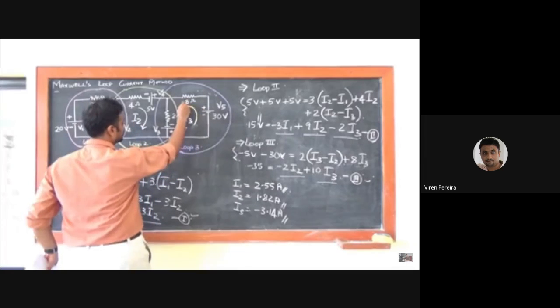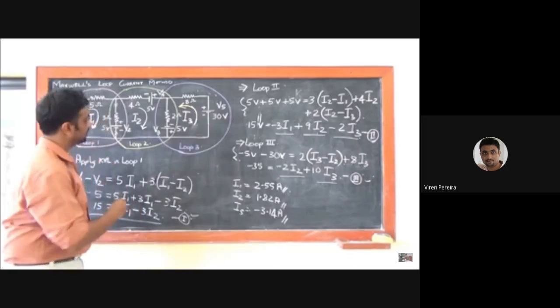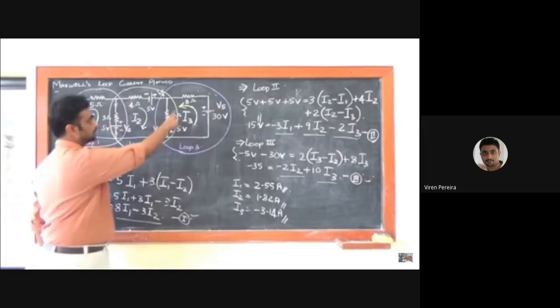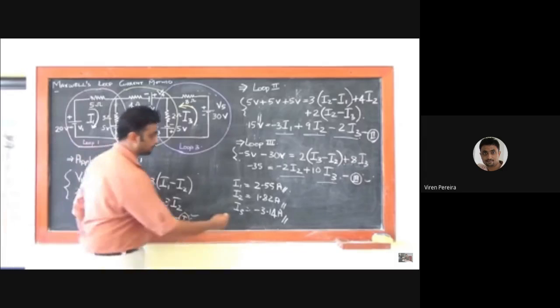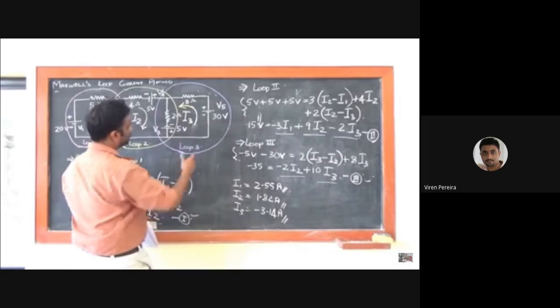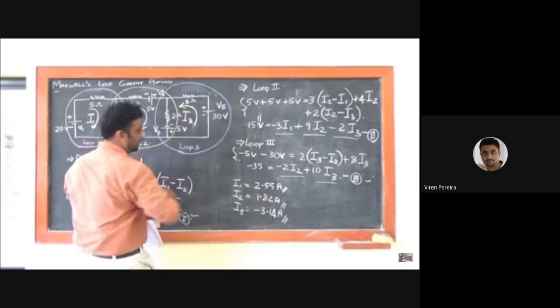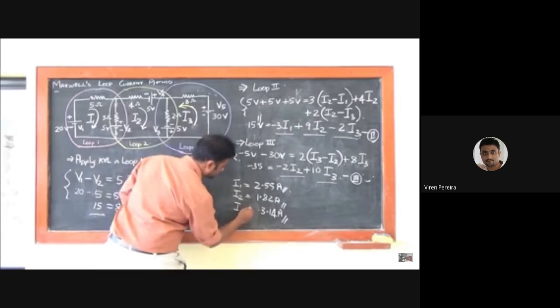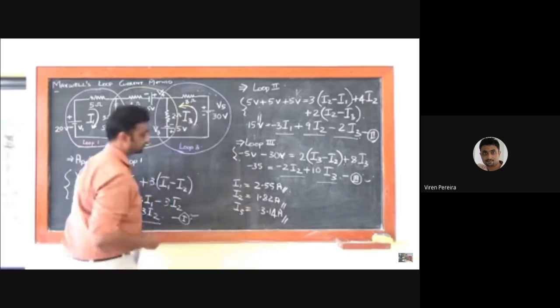Initially it was clockwise, we have changed it to anti-clockwise. So we have to draw this figure again, and now you can make this positive.